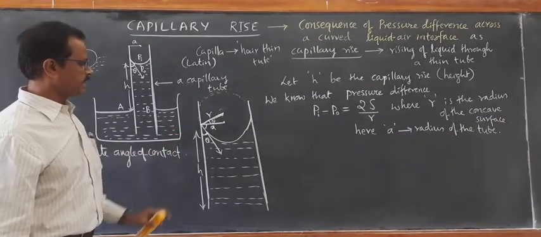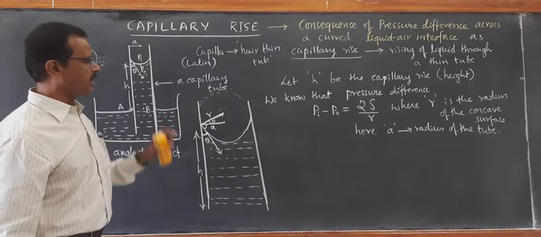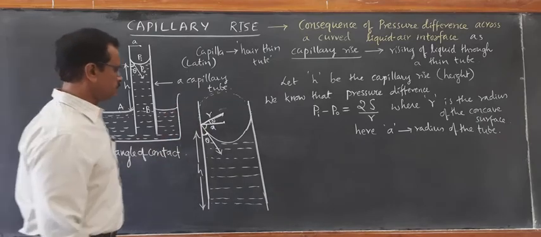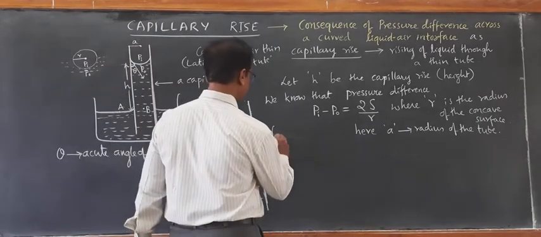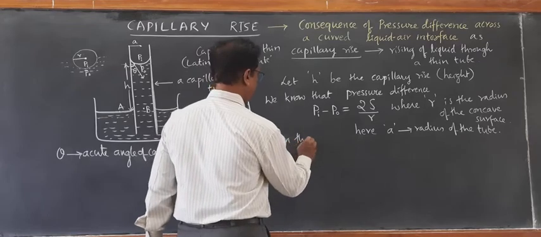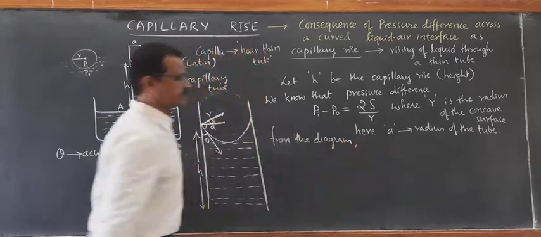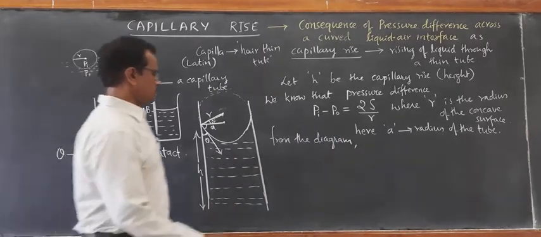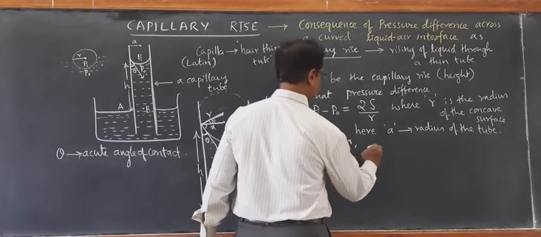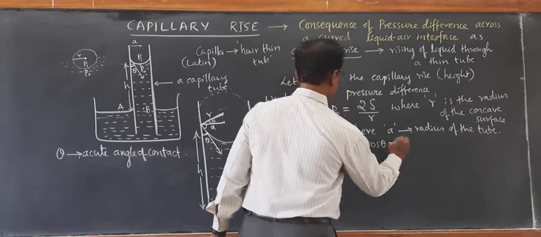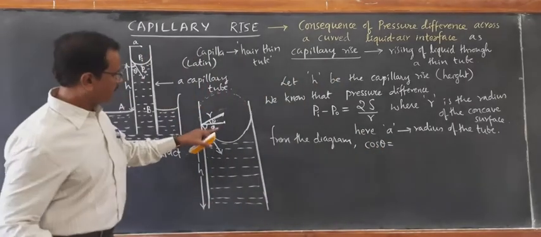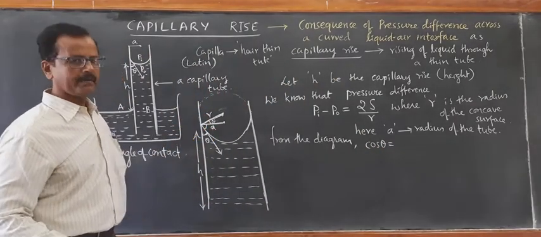So using this, I can write the value of r from the diagram. Using trigonometric relations, cos theta is equal to adjacent by hypotenuse.